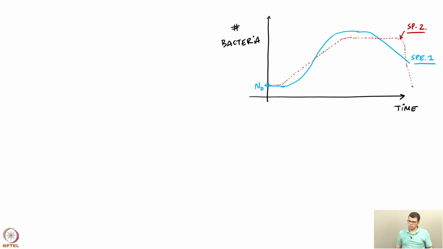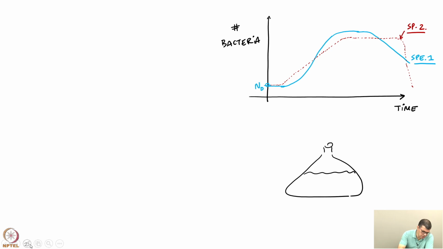So, now the question before us is that if these two species are individually grown in a flask, that is the characteristic feature of growth that they exhibit by themselves.